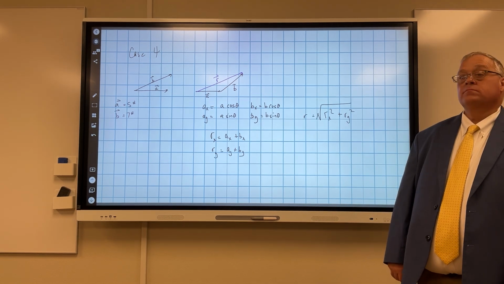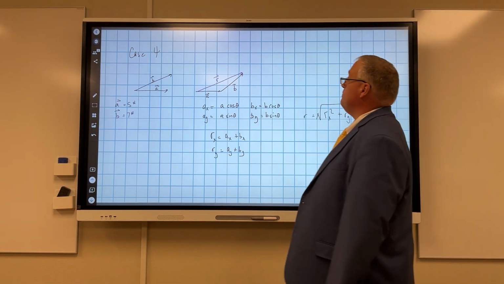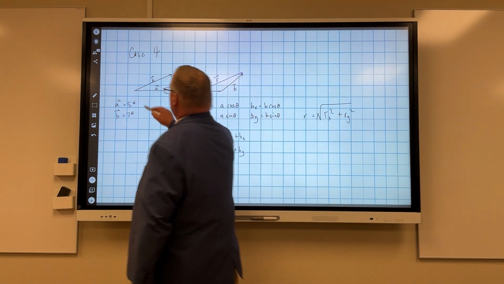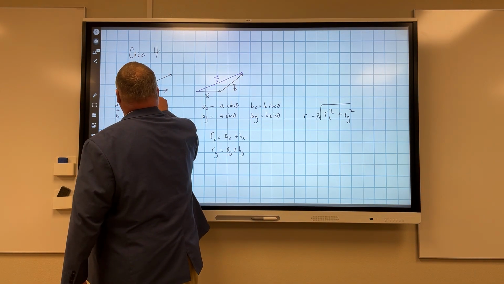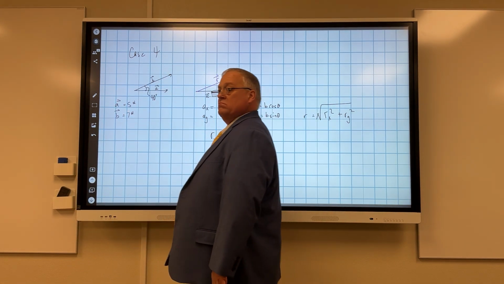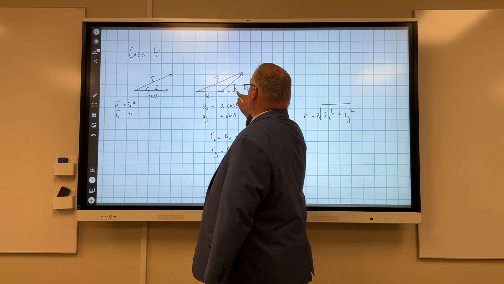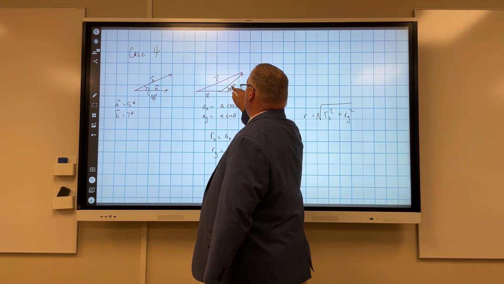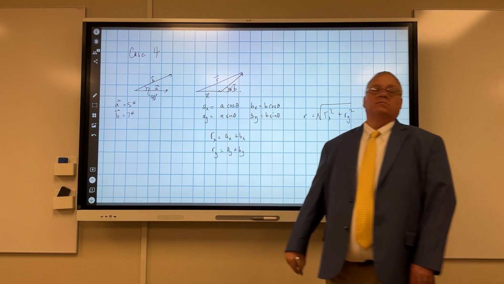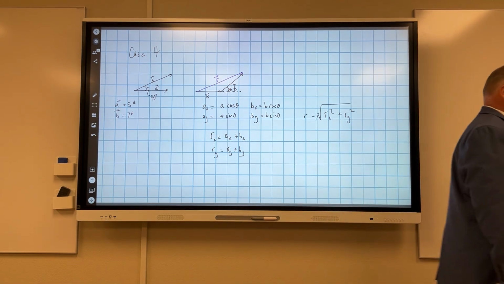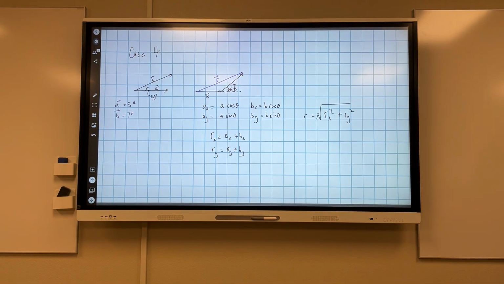Okay, we have to figure out what angle. Well, if we're assuming A is saying. Yeah, let's say this one's 40 degrees. So this would be 40 degrees. Okay, that makes it simpler. So that would make it a little bit simpler.